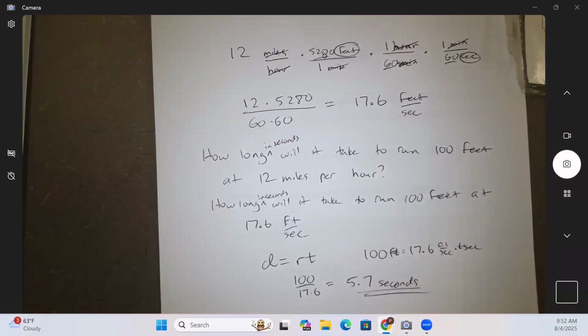And that's dimensional analysis. It's just converting one unit to another unit often so that you can answer a question in units where it makes sense.